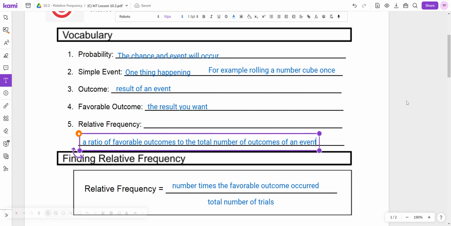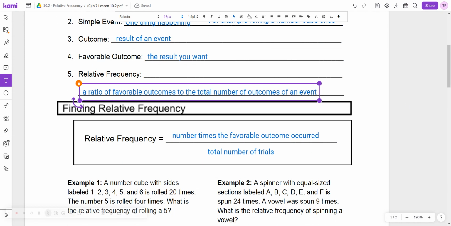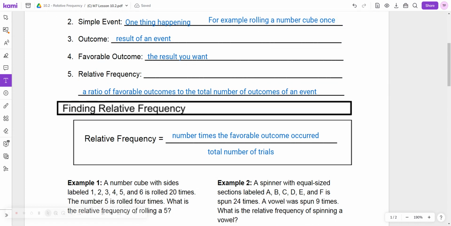All right, so let's dive into it. One of the things about finding relative frequency is we find it after we've done the experiment. So after we've done the activity numerous times, we take the number of times that we did that and make that our denominator, and then find the total number of times that we got our desired outcome, and that goes in our numerator.